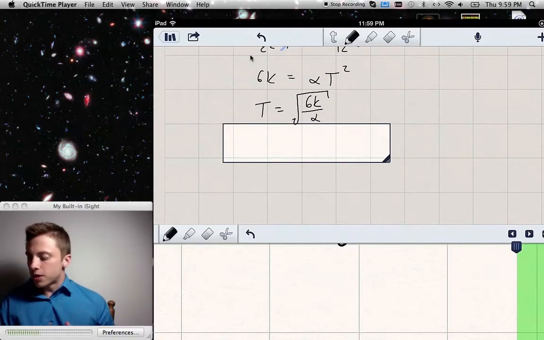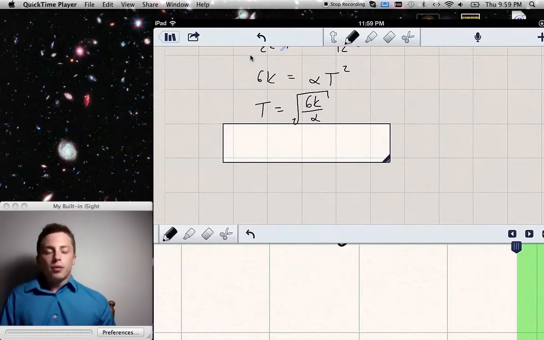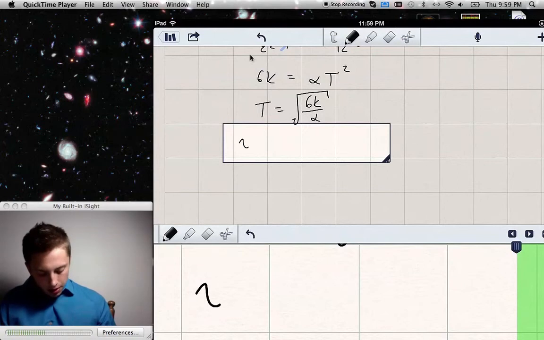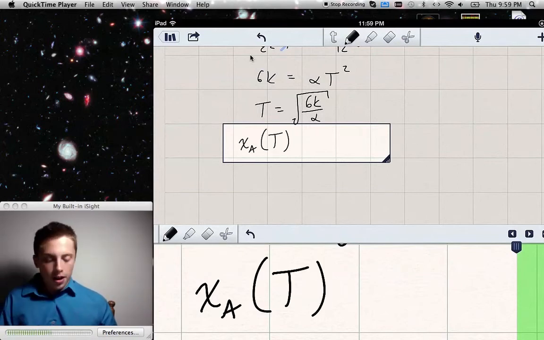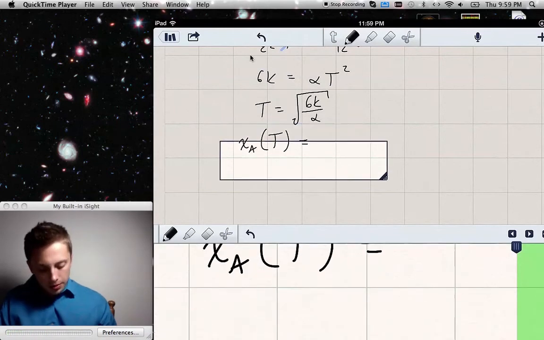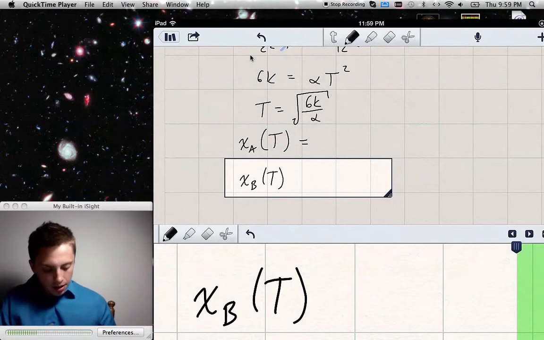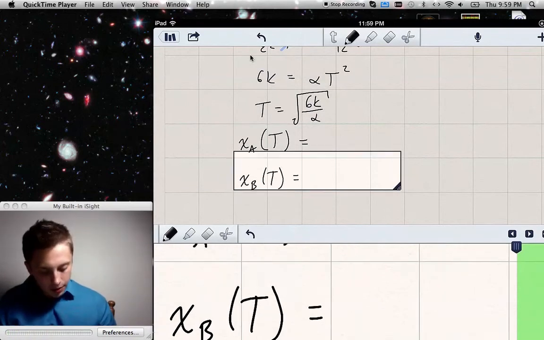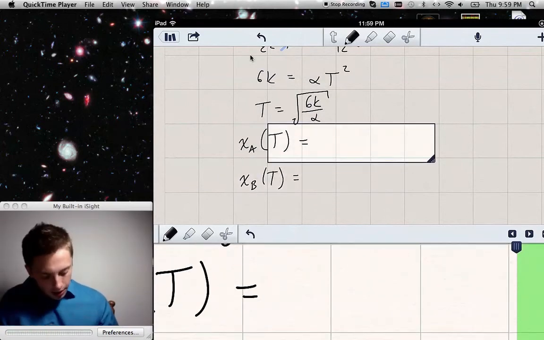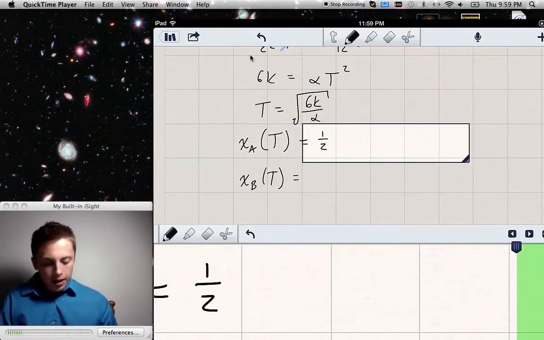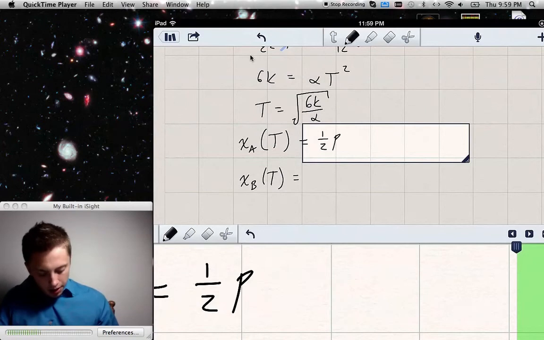The last question is, where will they be whenever they meet? So that's just given by the coordinate of car A evaluated at that time, or the coordinate of car B. So we're going to evaluate both of these at the meeting time and show that they're equal. Remember that this was given, the coordinate at any time t was given as 1/2 beta t squared.